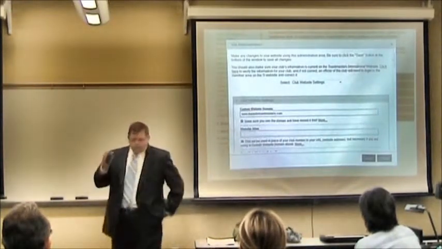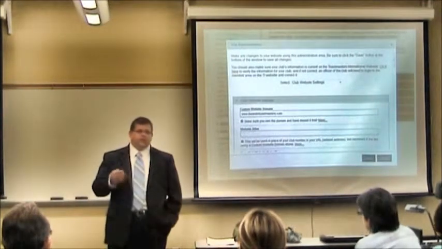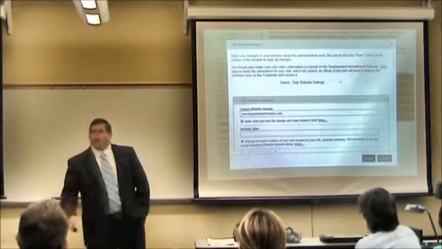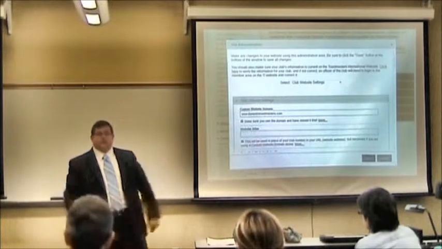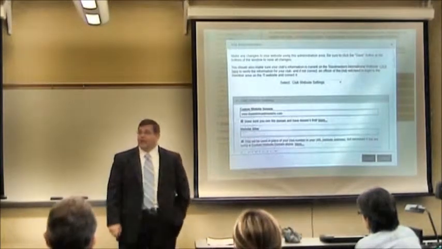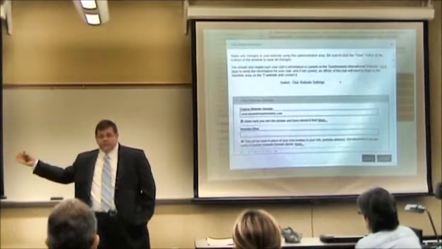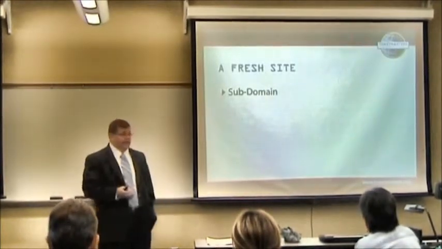Now, one of the first things that you need to understand about your website is what a domain name is. Okay? When you are issued a free Toast Host website, it is put onto the server that Toastmasters already has, and it's put on as what is called a subdomain.